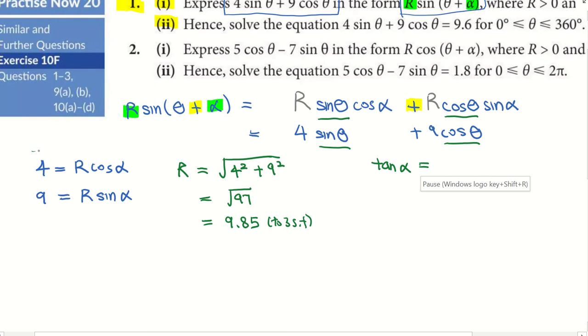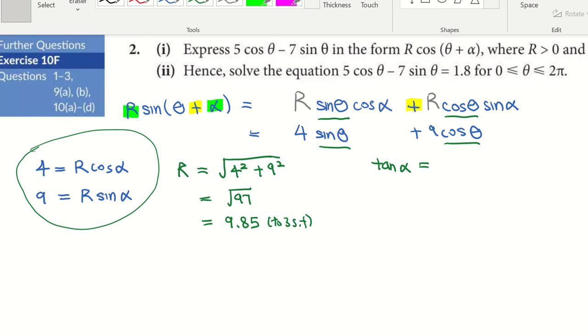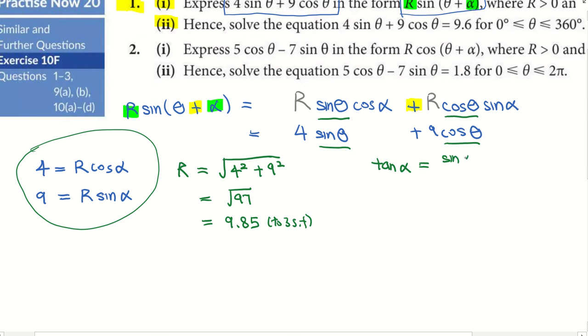Based on what I'm given here, how do I find tangent alpha? Yeah, isn't tangent sine over cosine? Good question. Why am I finding tangent? Basically, I'm using this to find alpha. Using the formula, sine over cosine is 9 over 4.